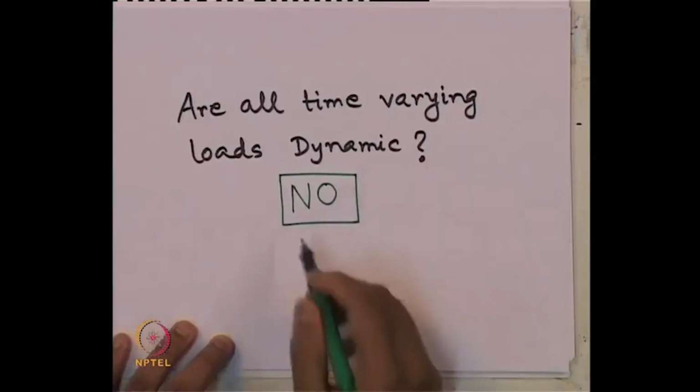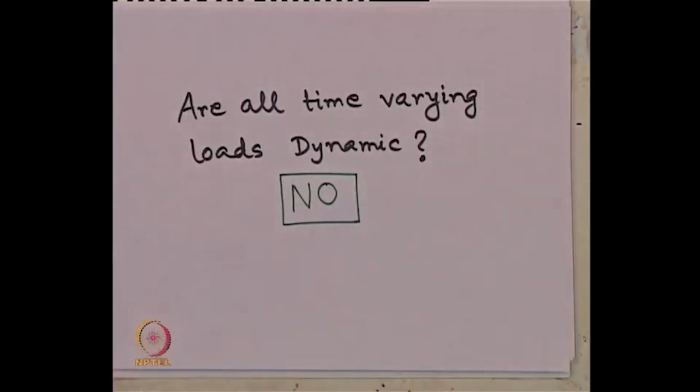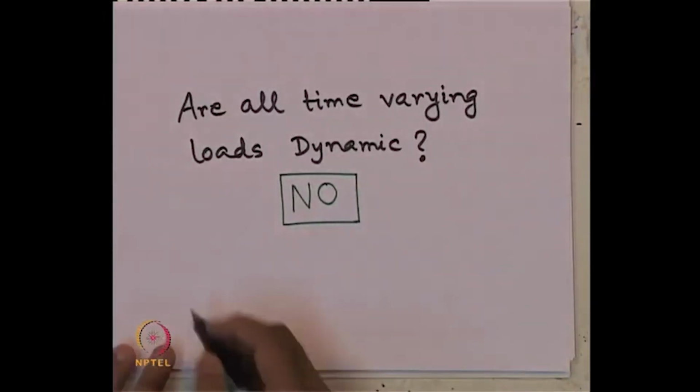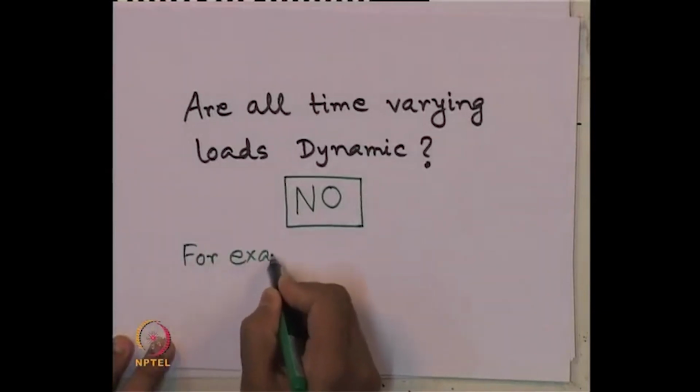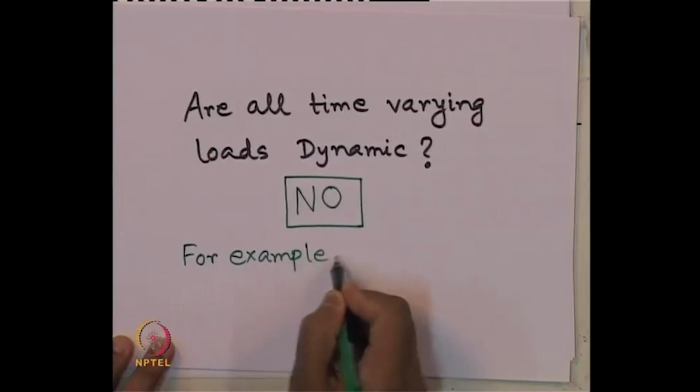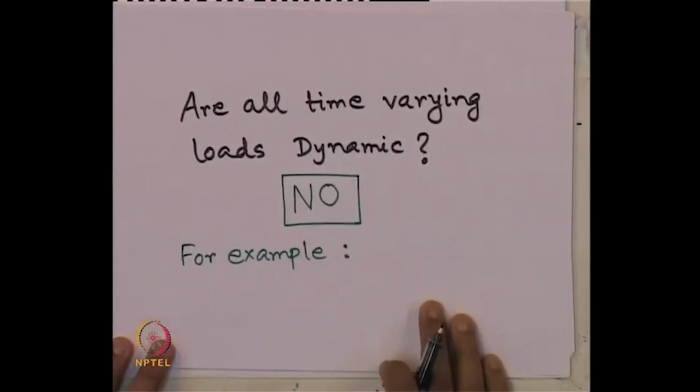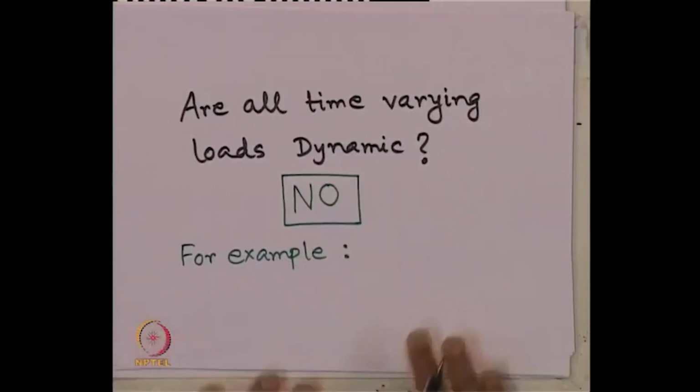All time varying loads are not dynamic. So, for example, suppose at a particular point when the classes are starting, say at morning 10 o'clock, the room is filled up with students and teacher.